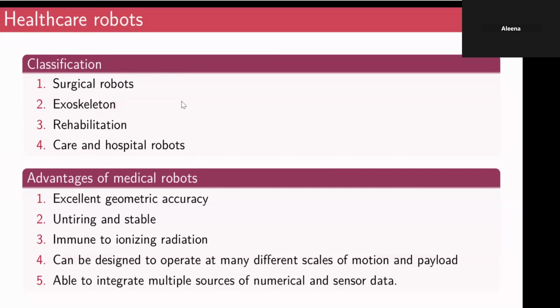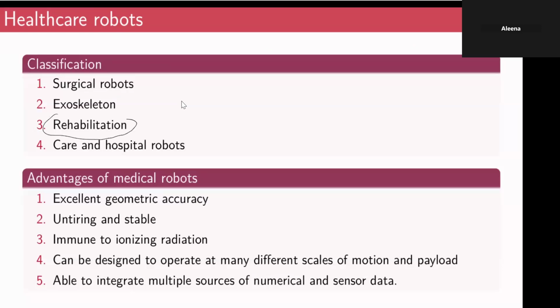The second application is exoskeletons. If a person has lost some ability of a limb to function properly, you can attach an exoskeleton to that limb, which would assist that limb to perform adequately, or to lift some weight.